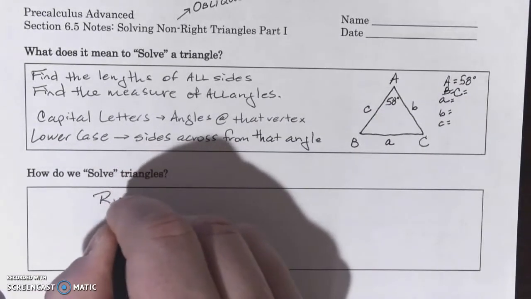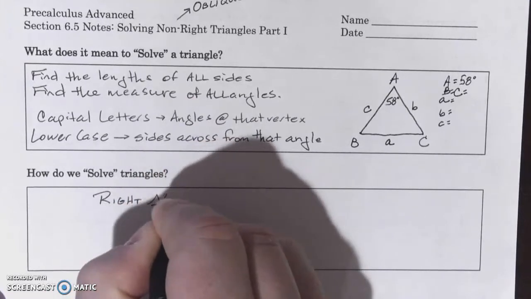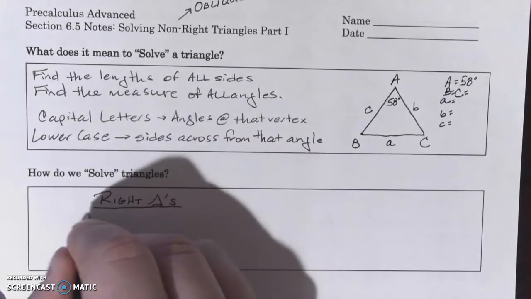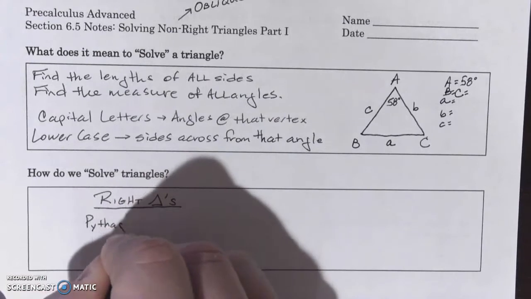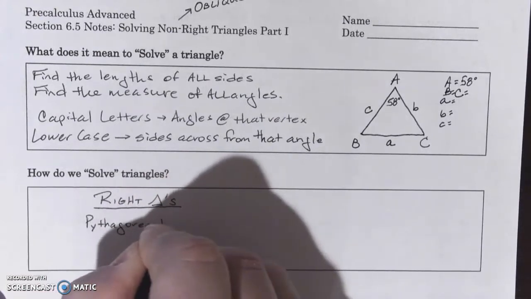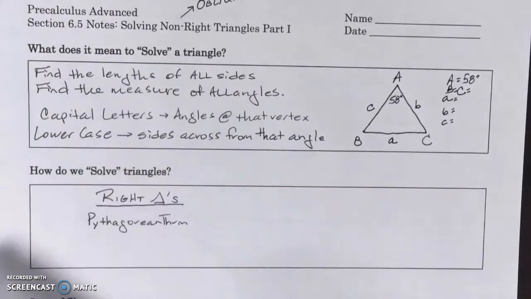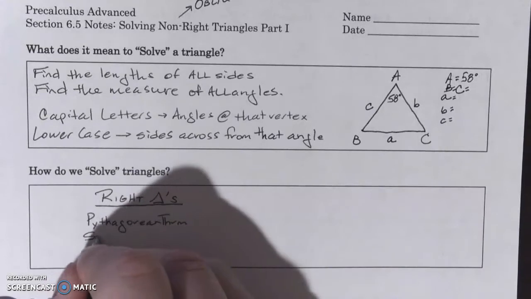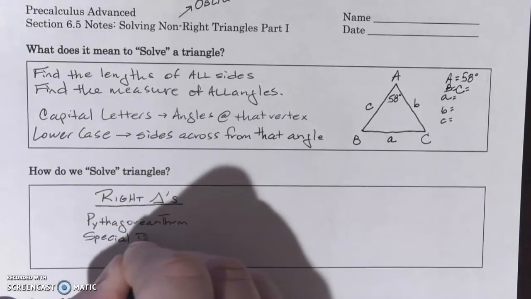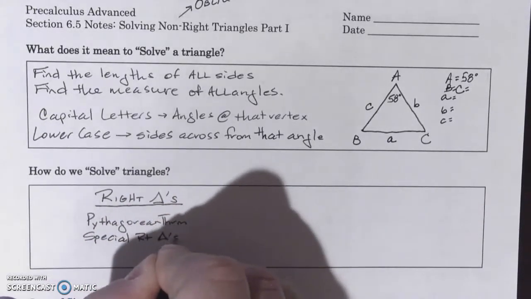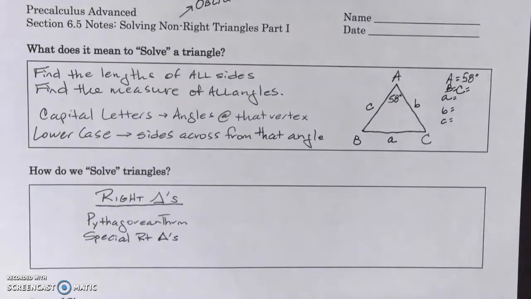Well, just a reminder, when we were solving right triangles, first thing would be the easy Pythagorean theorem if we were given 2 of the 3 sides. If we were only given 1 of the 3 sides, maybe we thought about our special right triangles, our 30, 60, 90, and the relationships between the sides.